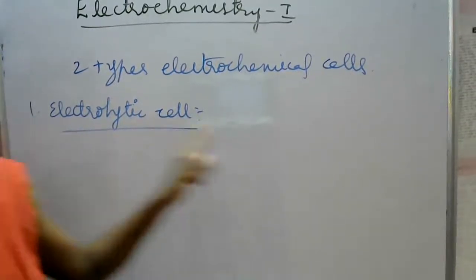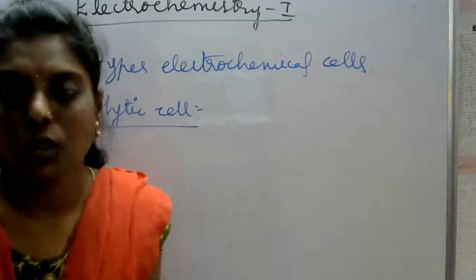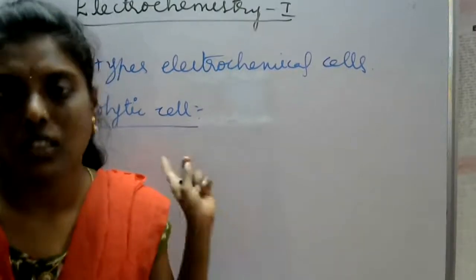In the electrolytic cell, electrical energy is converted into chemical energy. What happened in the electrolytic cell?